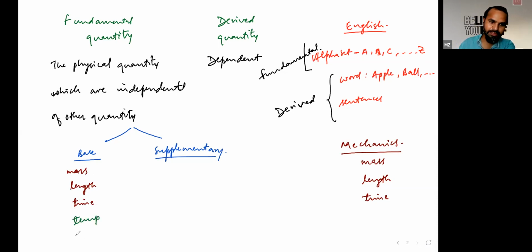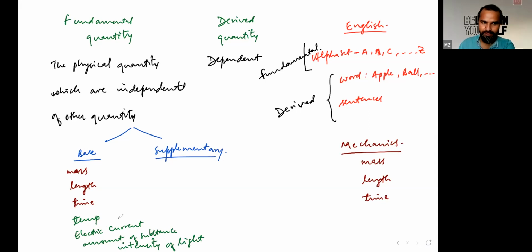Suppose temperature, electric current, amount of substance, and last, intensity of light, or you may say luminous intensity. So in total, we have 7 different fundamental base quantities.